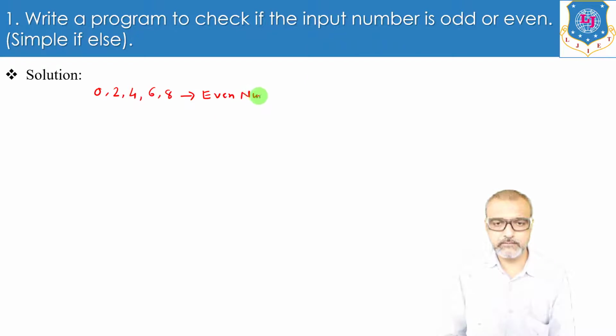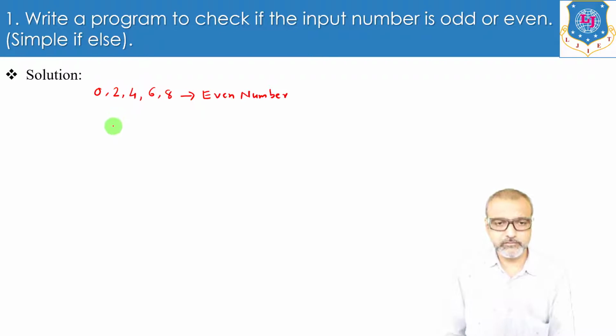Otherwise, that is an odd number. So in case of even number, if you will divide even number by 2, what will be the remainder in that case? That is 0, right?